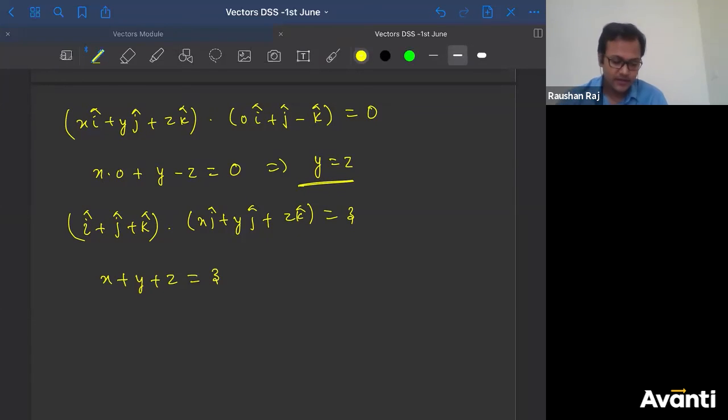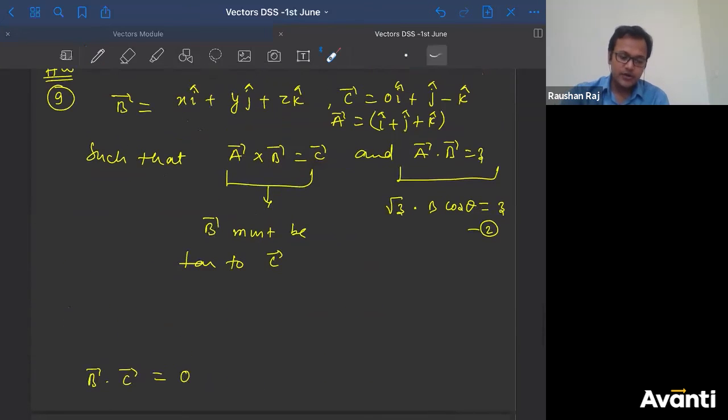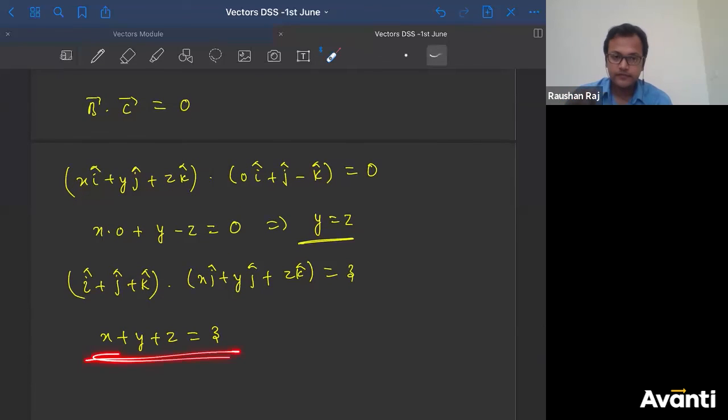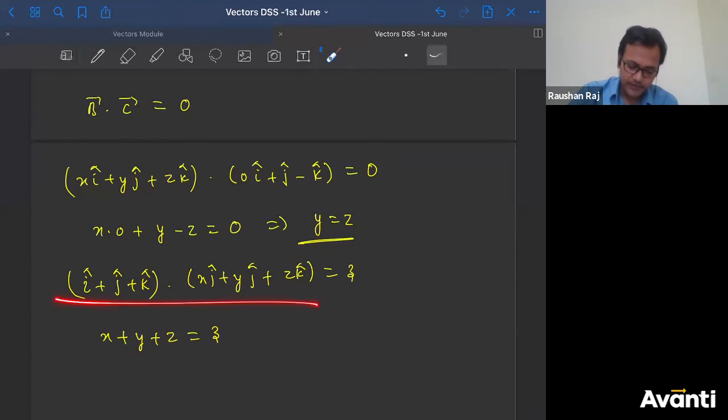A dot B is equal to 3. So I have found A dot B, which is 3, and I have written it here. Now I am getting a relation between x, y and z.